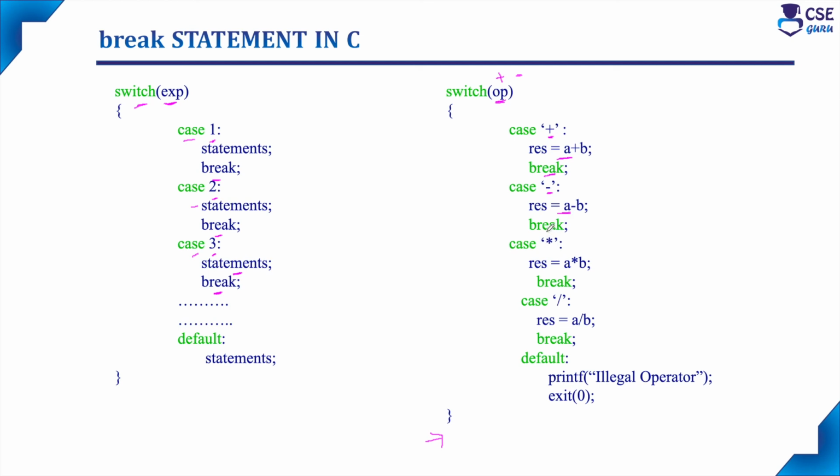After execution, it will break, and control will be transferred out of the switch block. Likewise, whichever operator matches, only that corresponding block will execute. After execution, it will break. To terminate that corresponding case block, we have used break here. So the purpose of the break statement is to terminate the current block in the switch statement.